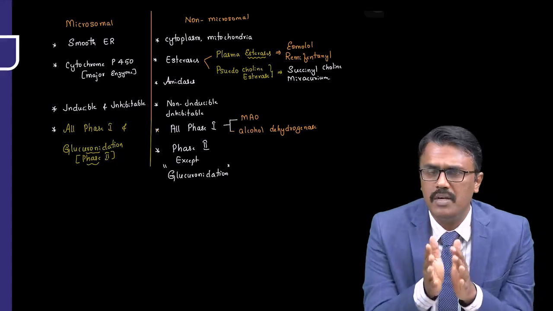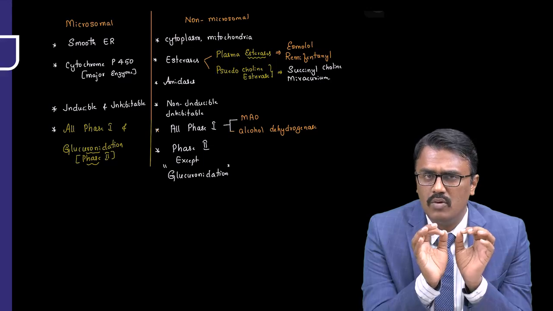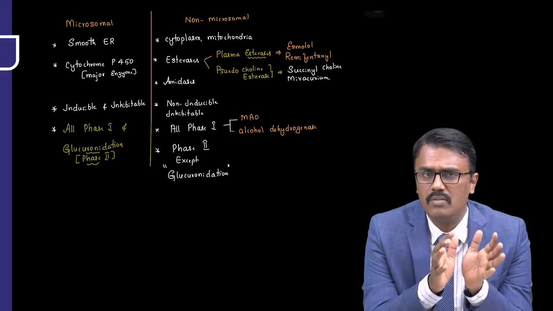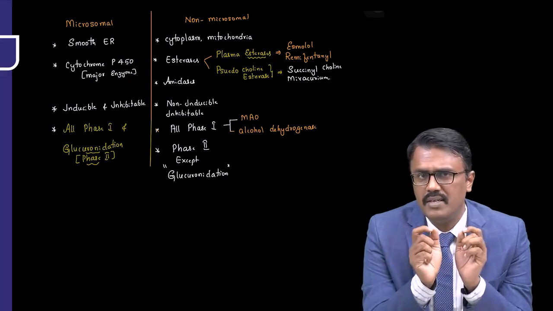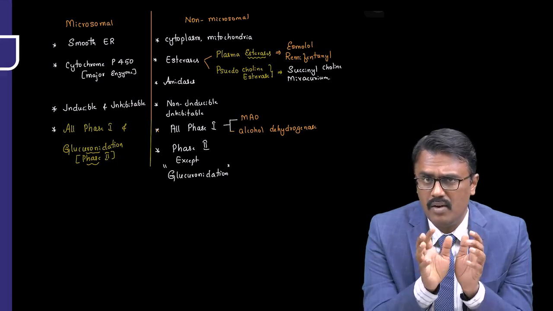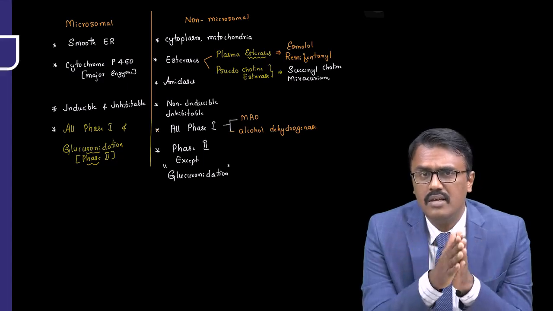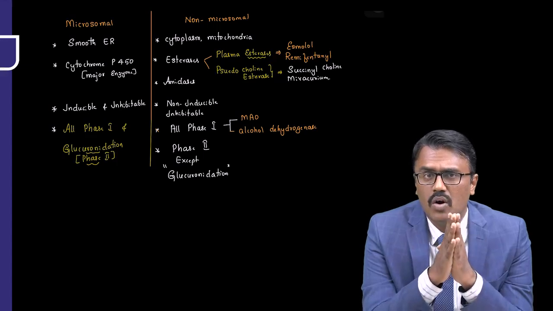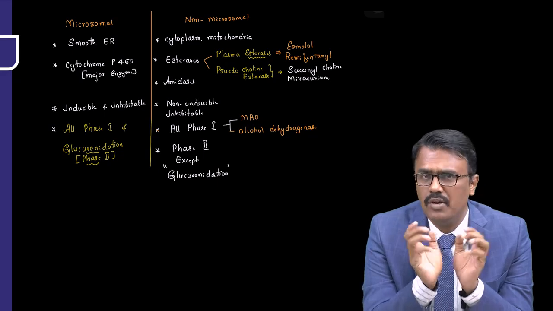They are inducible and inhibitable, and they do all phase 1 and only one phase 2 reaction, which is glucuronidation. Non-microsomal enzymes are present in mitochondria and cytoplasm. They can only be inhibited, they are not inducible. Esterases, amidases, oxidases, dehydrogenases. So all phase 1 and all phase 2 except glucuronidation.